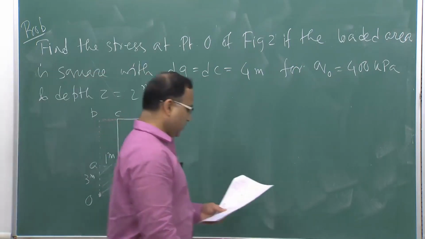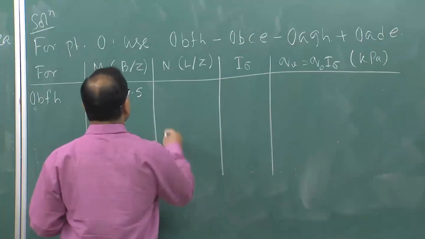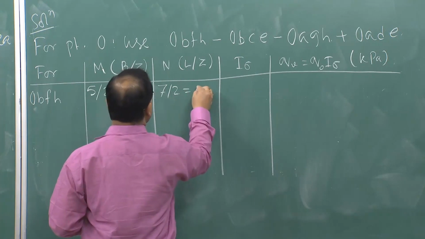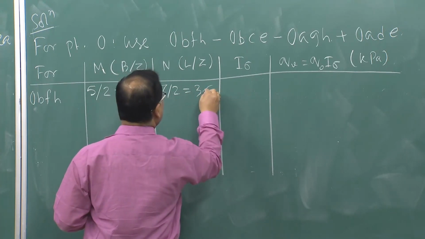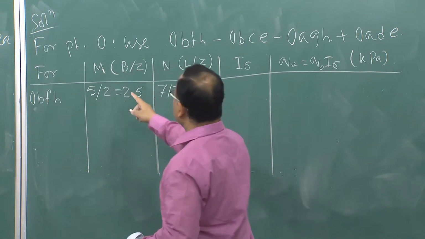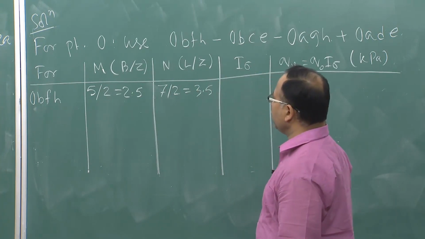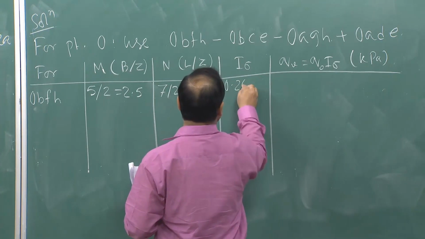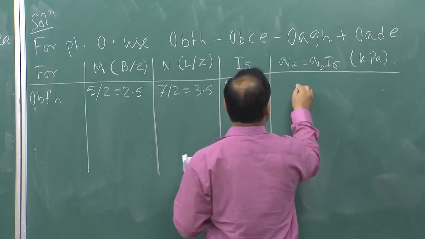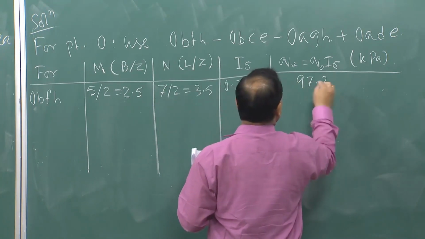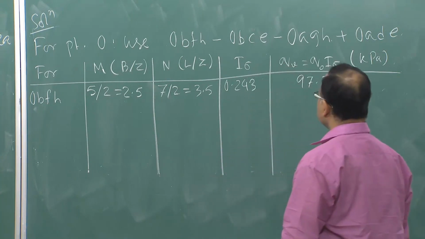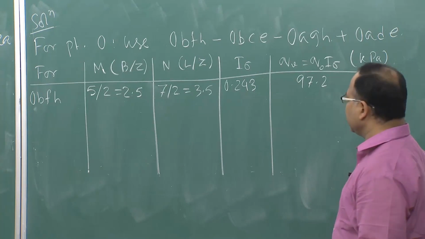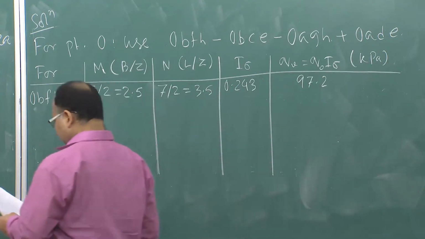So, 5 meter is coming as B, and what is L? 7 by 2, 4 plus 3, right. So, that comes as 3.5. So, for m equal to 2.5, n equal to 3.5, I will get I_sigma equal to 0.243. So, therefore, q_0 I_sigma comes as 97.2. What is q_0? q_0 is given, that is 400 kPa, already given in the problem.